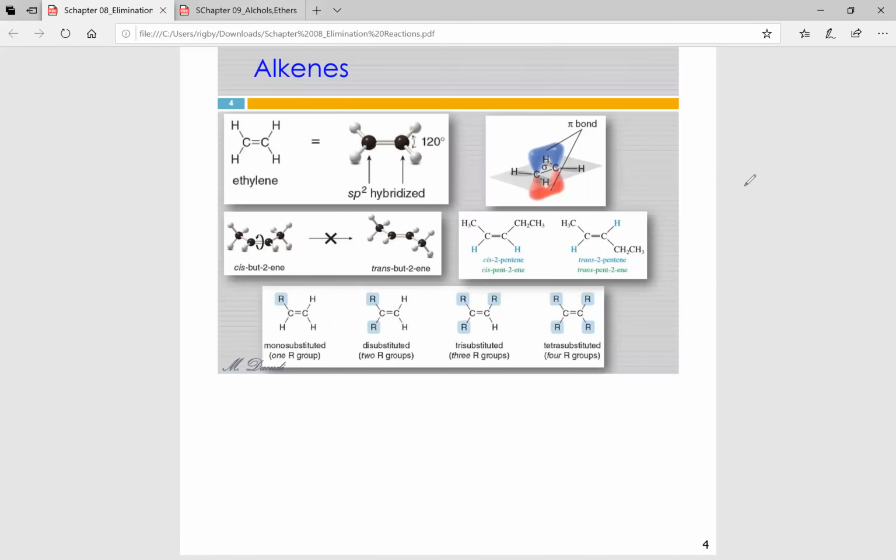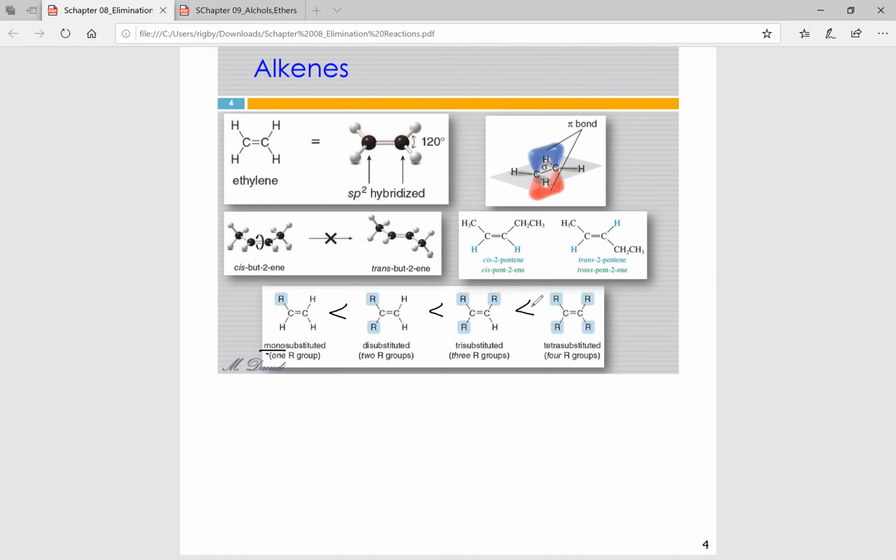Just a reminder, an R group is any carbon-carbon structure, usually just an alkane group. It could be CH2CH3, it could be CH3, it could be any number of those things. A monosubstituted alkene has only one R group attached to the double bond, and it's less stable than disubstituted, which is less stable than tri, less stable than tetra.